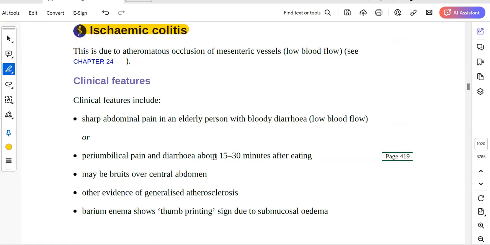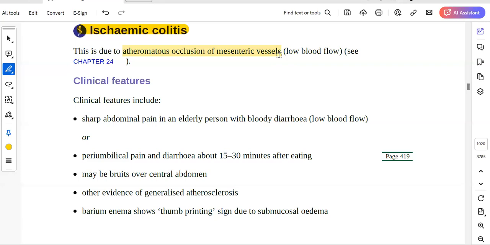So ischemic colitis is a condition which is associated with elderly patients. In this condition, there is atheromatous occlusion of the mesenteric vessels. So this can be the start of acute mesenteric ischemia. Okay, remember the acute mesenteric ischemia in our last class? What happens there is that the mesenteric vessels, which supply the gut or intestine, can start to get atheromatous occlusion.